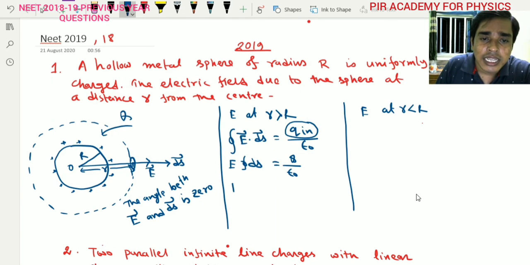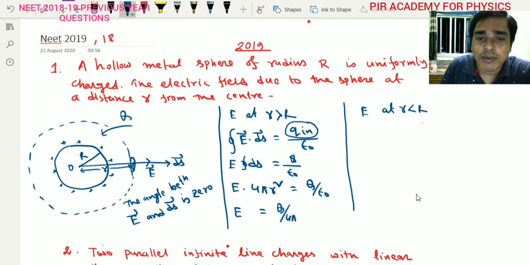Now the area of this Gaussian surface is 4 pi r square, so the electric field will be q by 4 pi epsilon naught r square. So the electric field is proportional to 1 by r square.